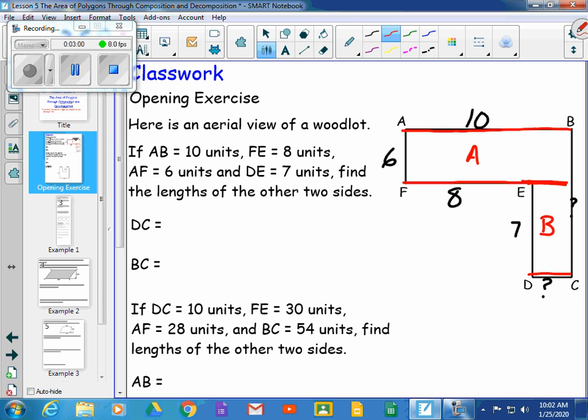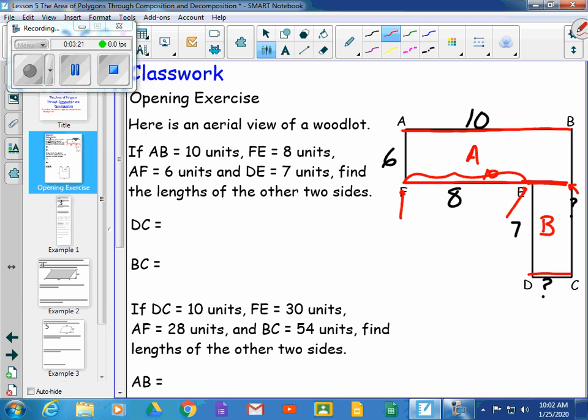So the whole length down here from F all the way to this corner over here is 10. We know the total length. We also know that part of it, from F to E, is 8.